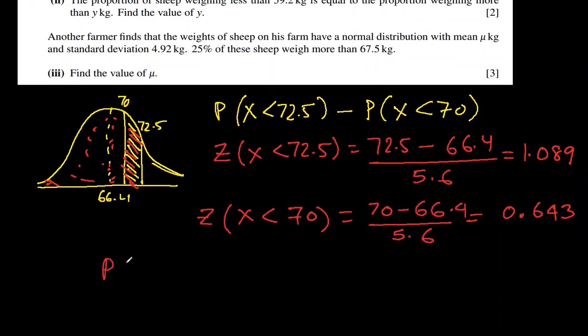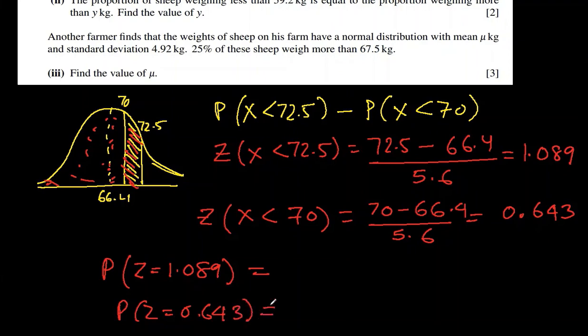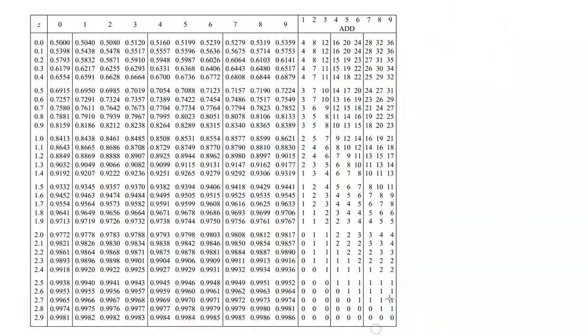So let's find the probability related to them. The probability when z is equal to 1.089 and the probability when z is equal to 0.643. So 1.089 first. 1.08 is this one, 0.8599 here.